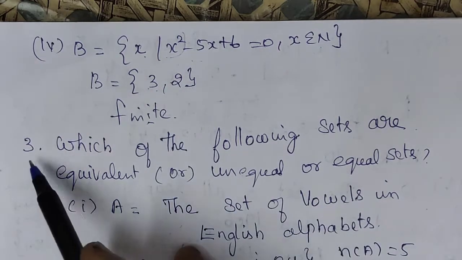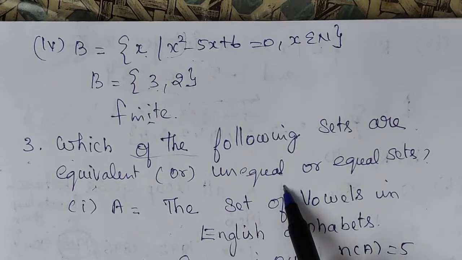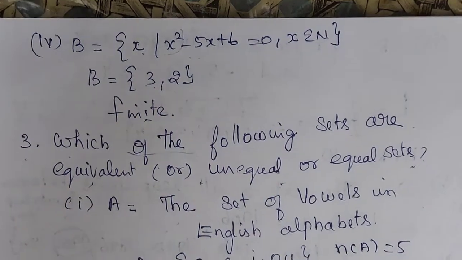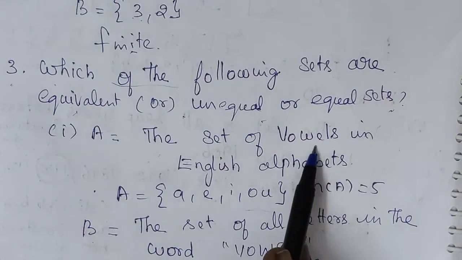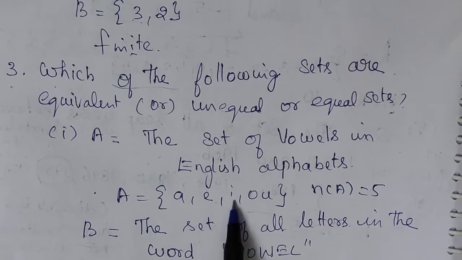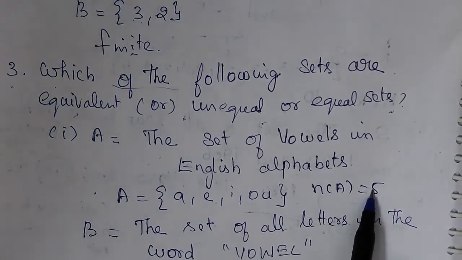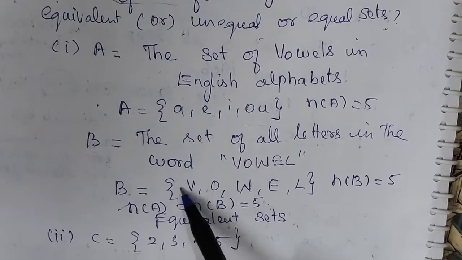Next sum, third sum. Which of the following sets are equivalent, unequal or equal sets? The first sum is set A equals the set of vowels in the English alphabet. So vowels, as you all know, are A, E, I, O, U. n of A equal to 5. Next, set B is given as the set of all letters in the word vowel.